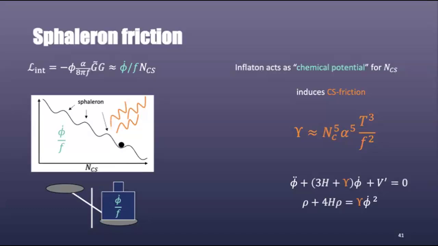But you see, if you are at very high energy, like T times alpha of T is very large, then the very notion of Chern-Simons number or topological number, of which the sphaleron is semi-integer, becomes meaningless because there is no tunneling, okay?